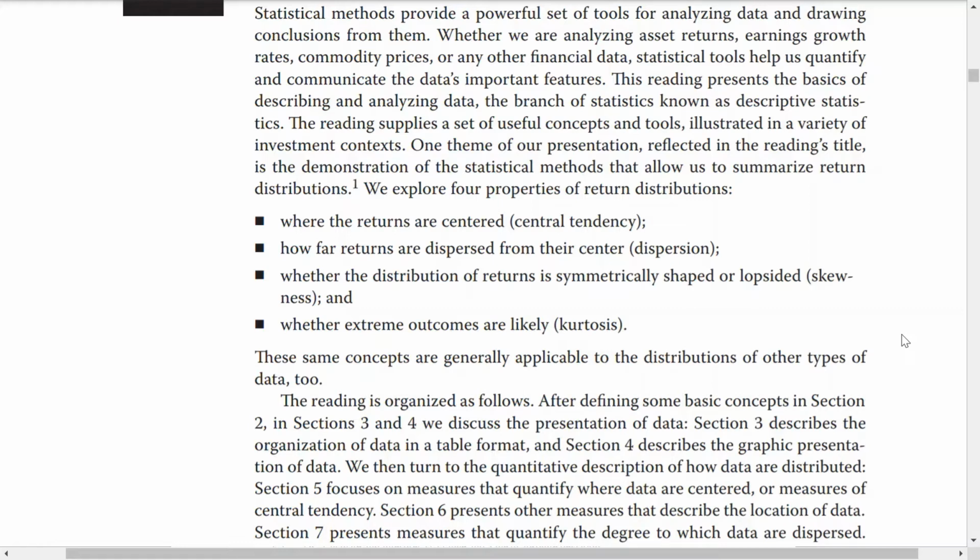Okay, so these are some vocabulary that would be helpful to know. So, for example, standard deviation calculates the dispersion, and outliers will be related to kurtosis.